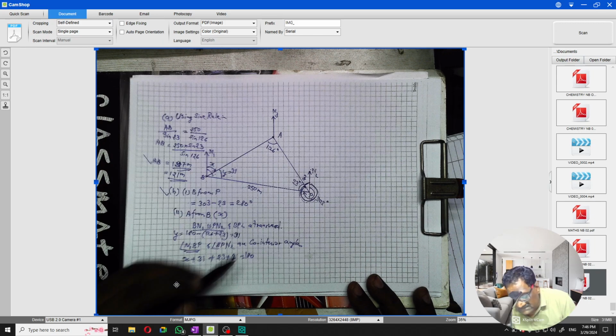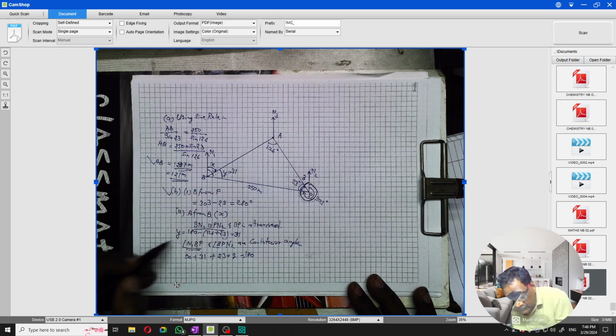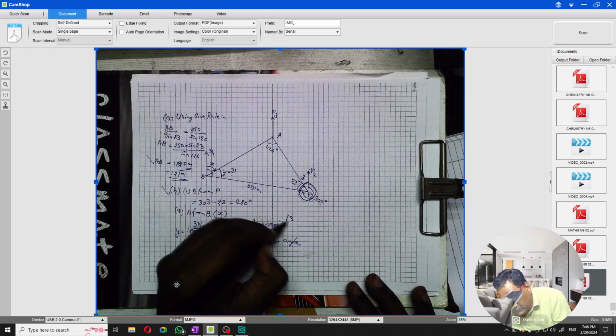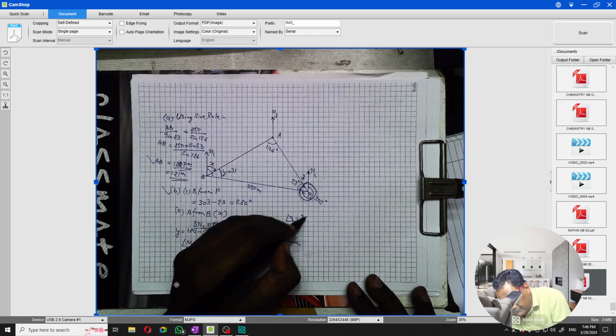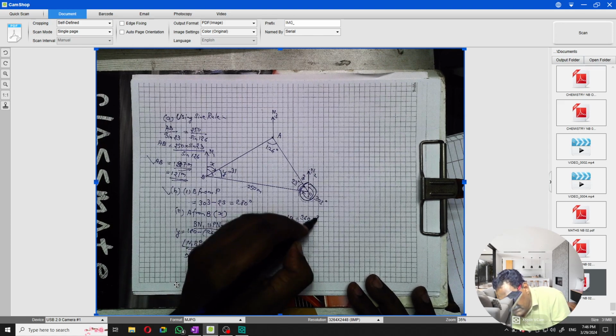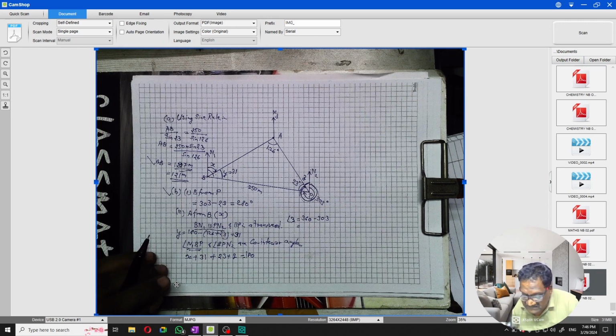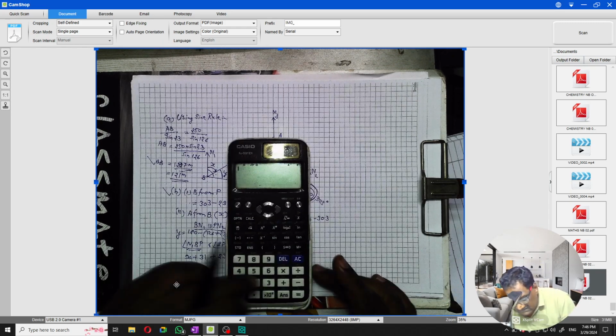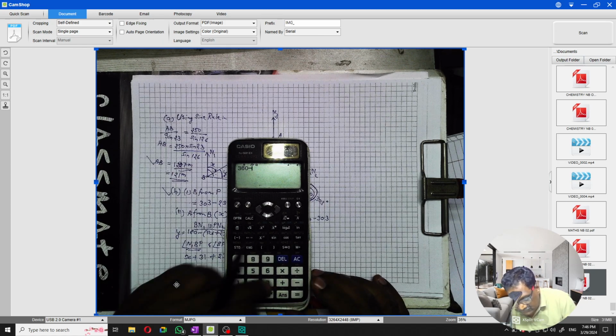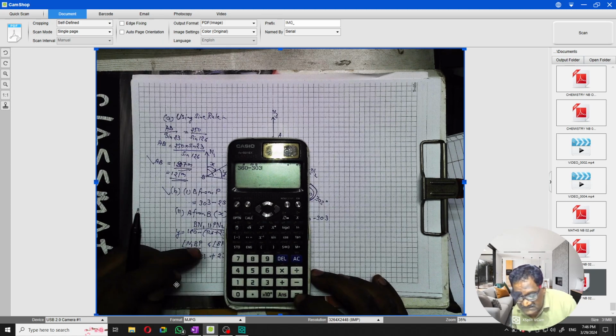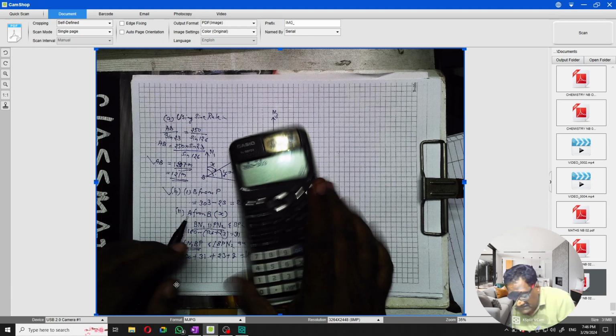Now how much is Z? Angle Z will be equal to 360 minus 303. Let us see how much is 360 minus 303. 360 minus 303 is equal to 57.